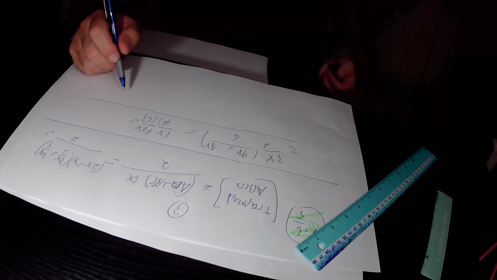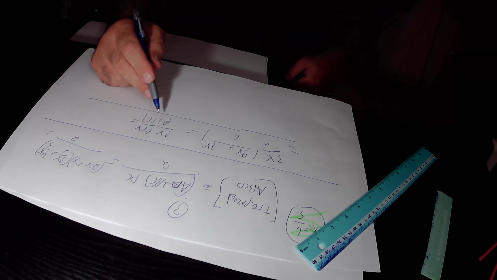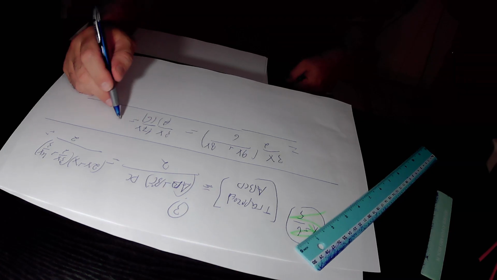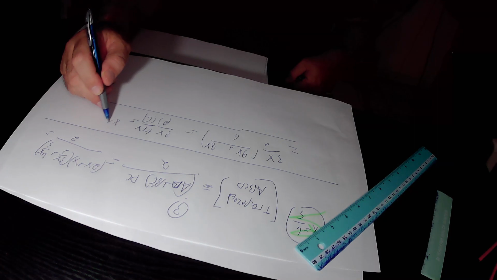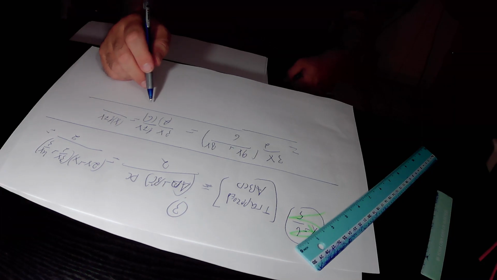Here we divide both the numerator and the denominator of this expression by 3, and we get that 3x over 3 is x, so in the numerator we are left only with x times 17x. We also divide the denominator by 3.